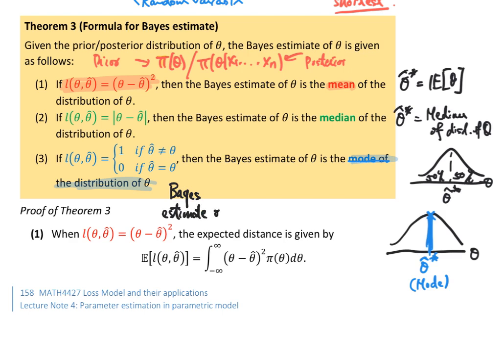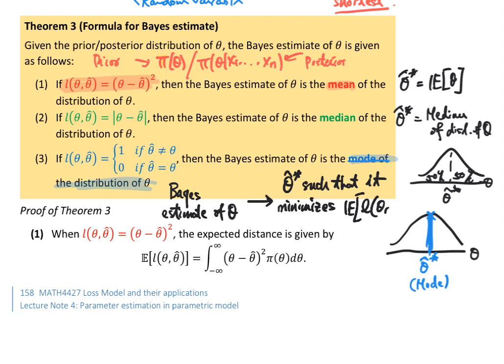Remember the Bayes estimate is the point estimator such that it minimizes this average distance.